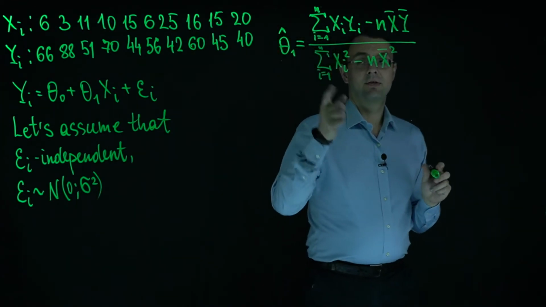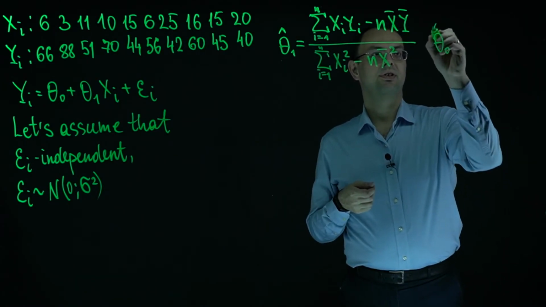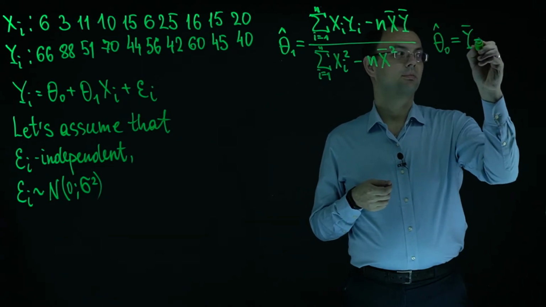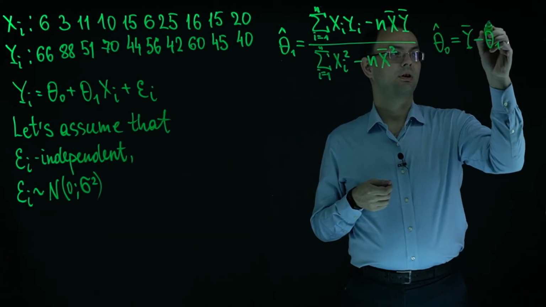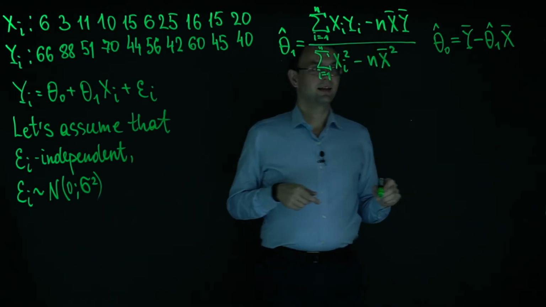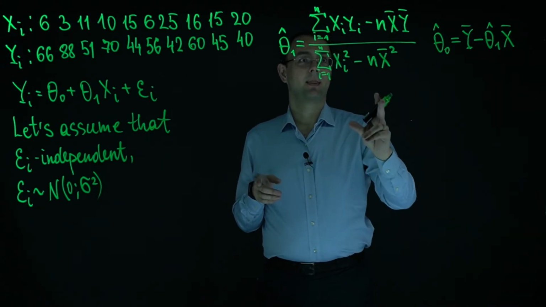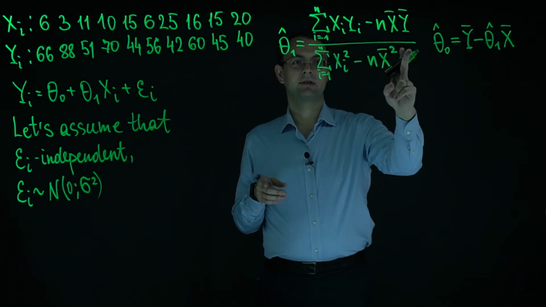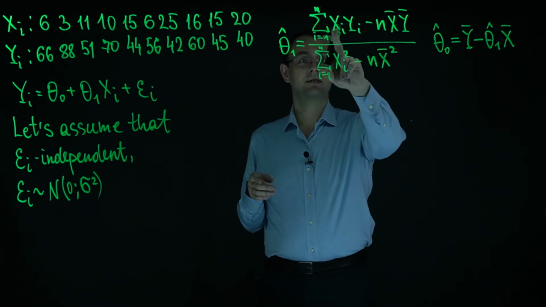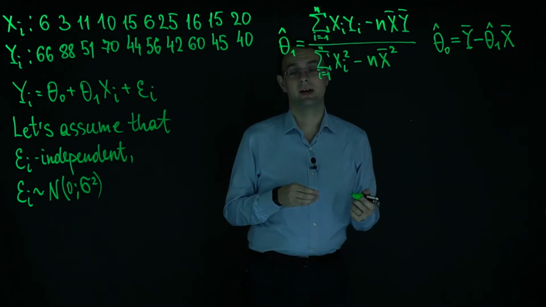This is the formula for theta 1 hat, and as for theta 0 hat, we have y bar minus theta 1 hat x bar. To apply these formulas, we need x bar, y bar, sum of squared x's, and sum of products of xi, yi.